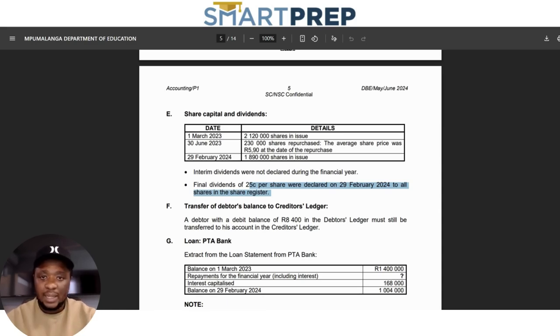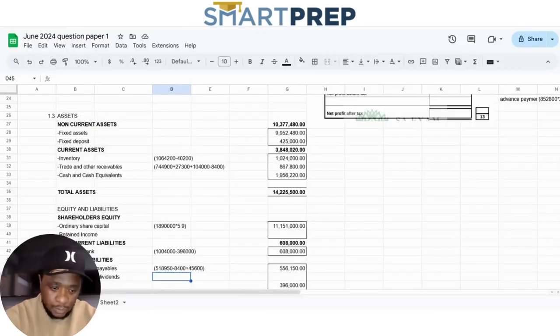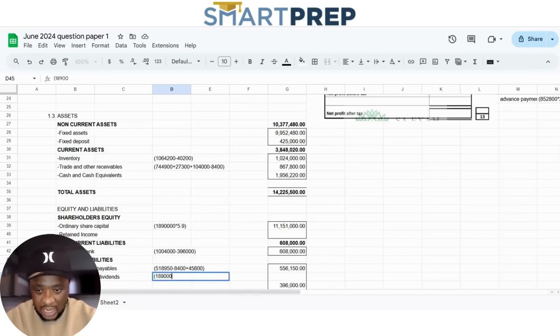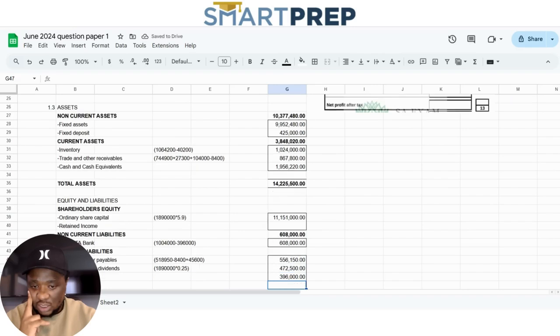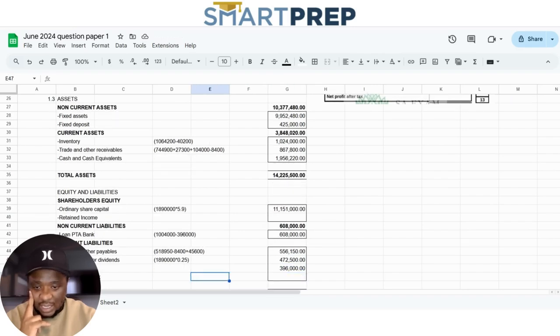So you're going to multiply 1,890,000 by 25 cents, so that's 0.25. And that is going to give us our shareholders for dividends amounting to 472,500.